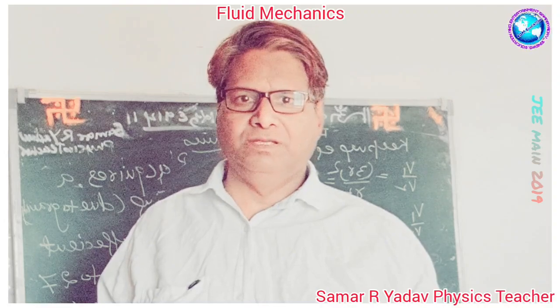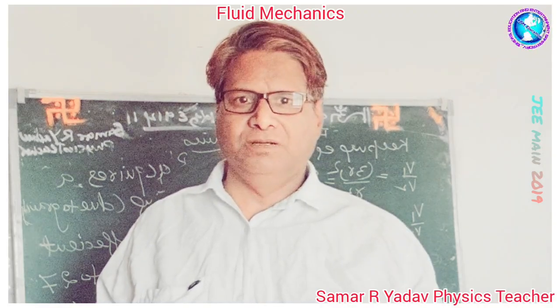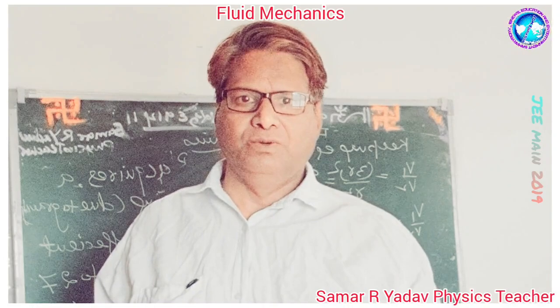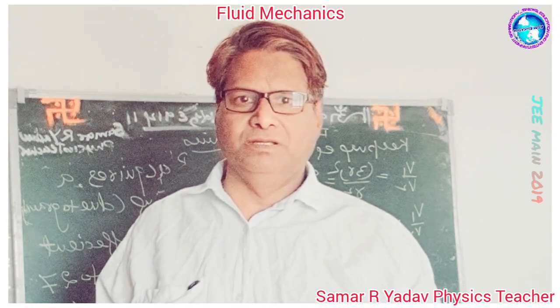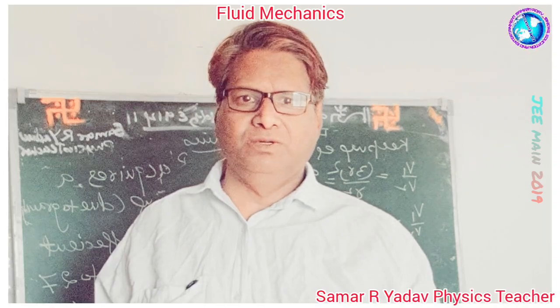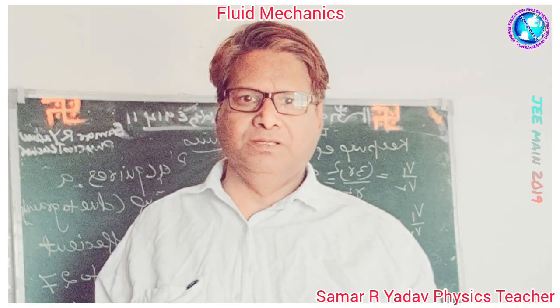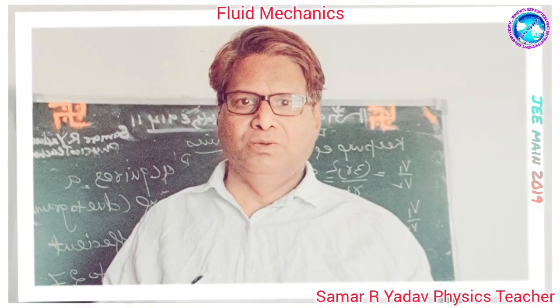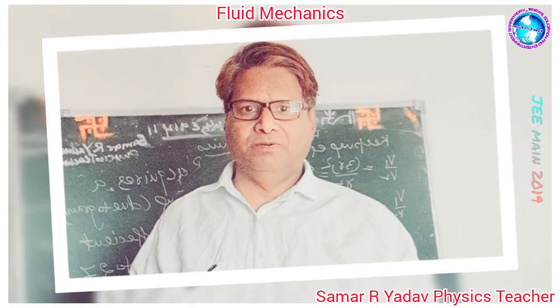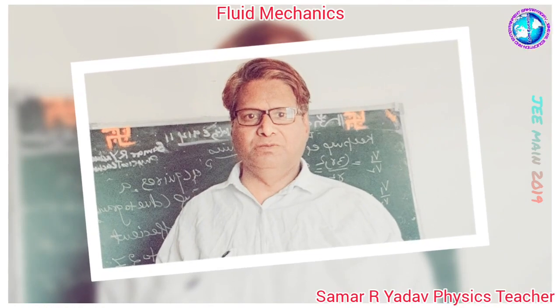Now we know that the mass is the same, therefore rho into 4 by 3 pi capital R cube is equal to 27 rho into 4 by 3 pi small r cube. Rho 4 by 3 pi will be cancelled, and finally capital R is equal to 3 small r.